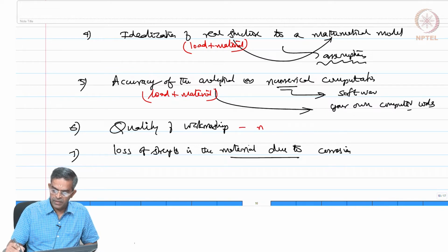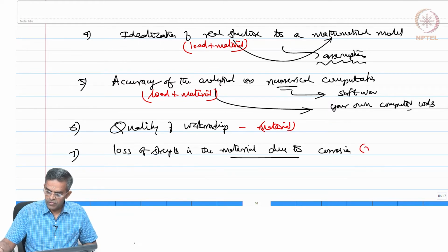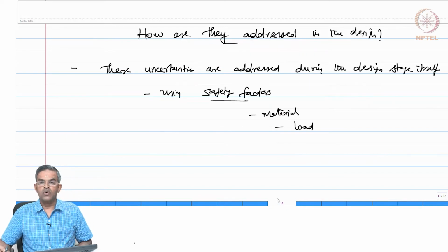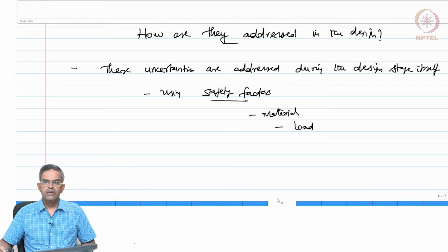This comes from material, this also comes from material. So, there are various factors coming from different sources. So, they come either from material or from the load.